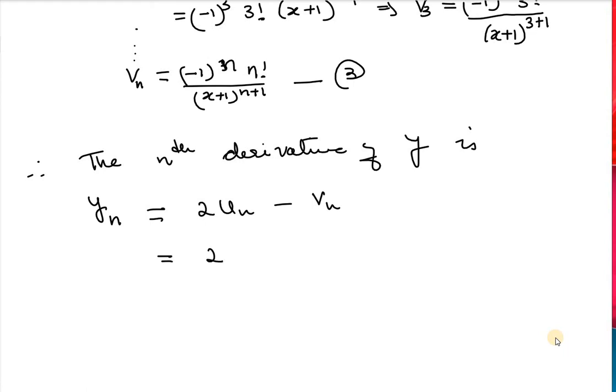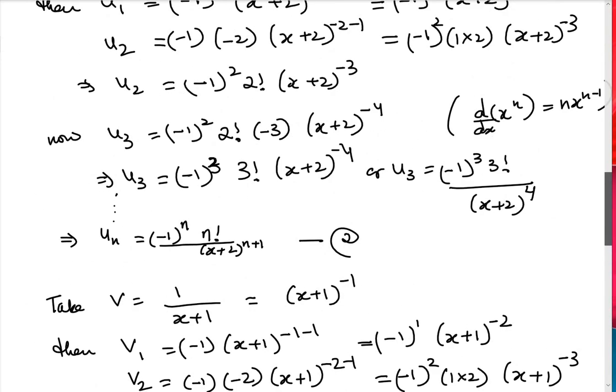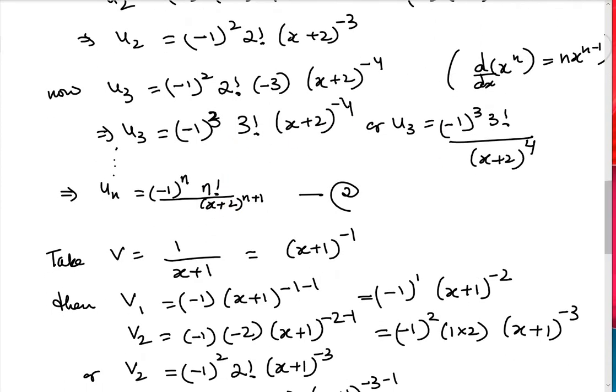But what is un from equation 2? From equation 2, it is (-1)^n into n factorial by (x+2)^(n+1).